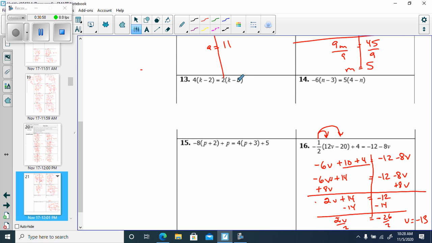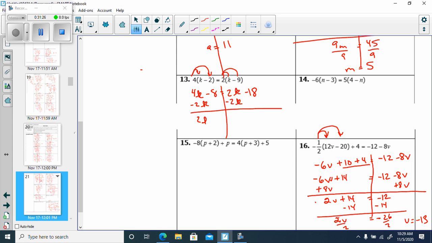I have distributive property on both sides, so let's use it. 4 times k is 4k. 4 times negative 2 is negative 8. 2 times k is 2k. 2 times negative 9 is negative 18. Now let's get all the variables on one side, the numbers on the other. When I cross the equal sign, I do the opposite of what's there. If I have a positive 2k, I subtract 2k from each side.